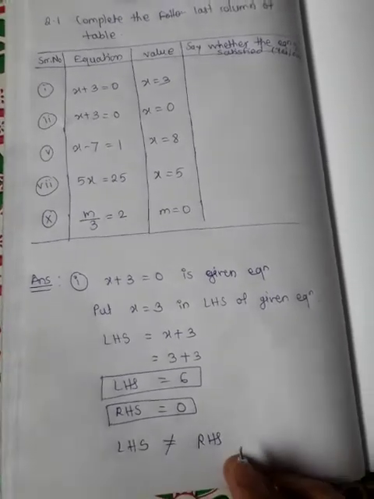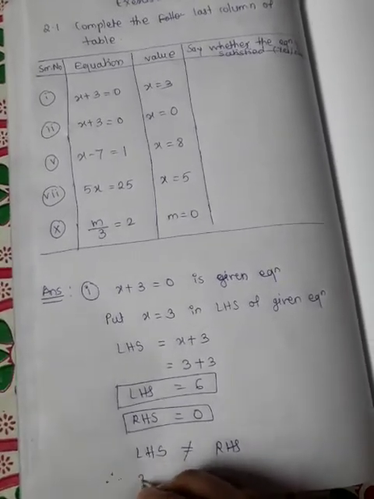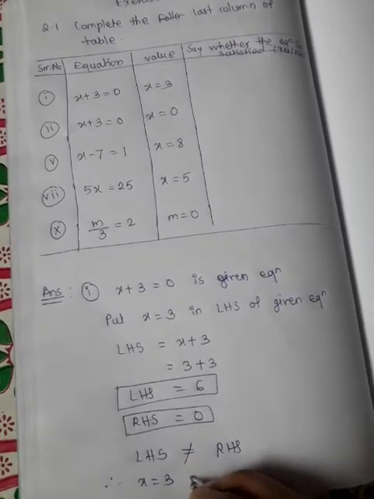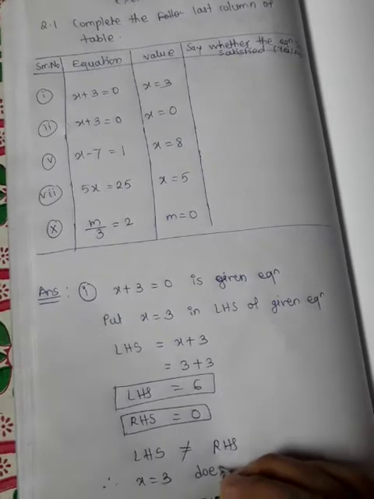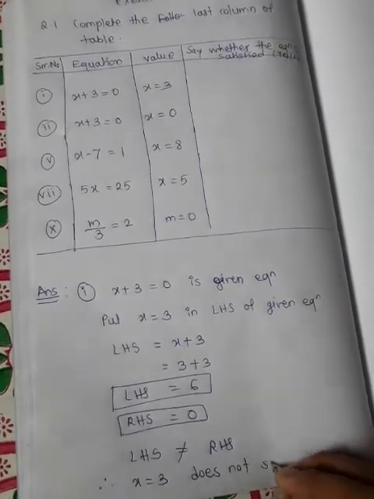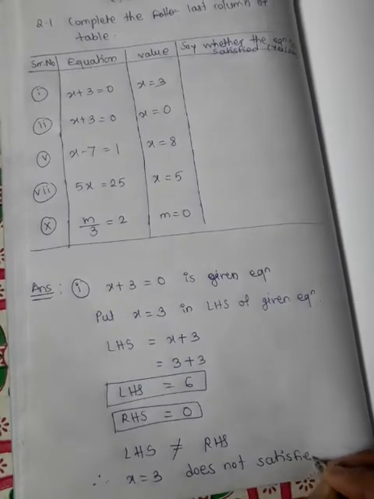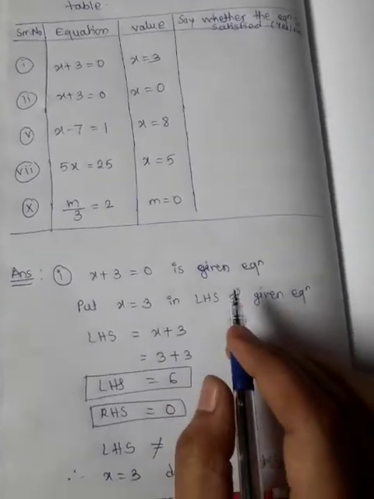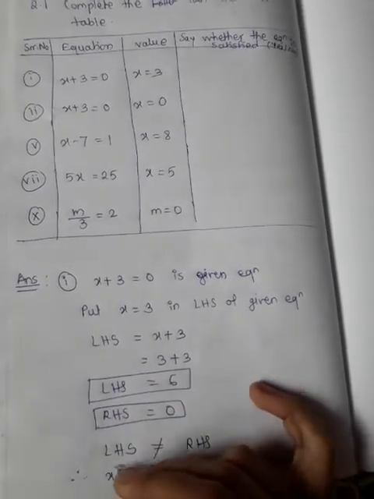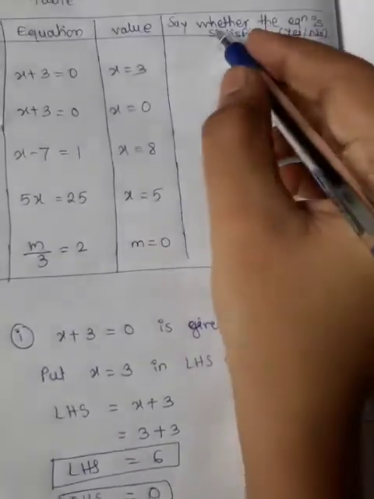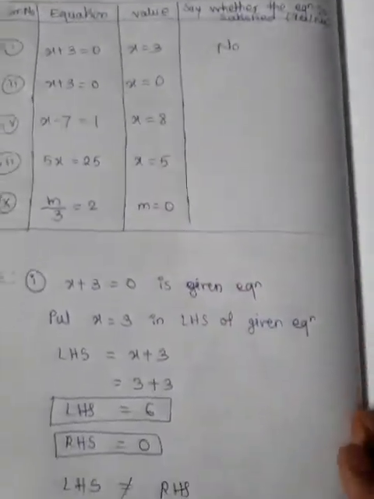Therefore x is equal to 3 does not satisfy the given equation. So the given equation is not satisfied by x is equal to 3. So here, whether the equation is satisfied, write no.